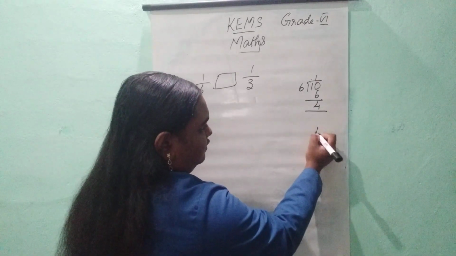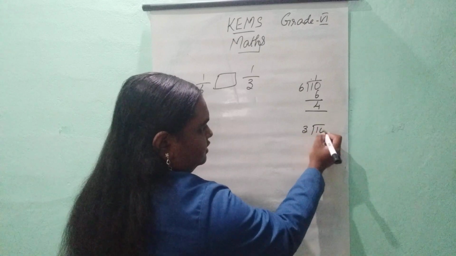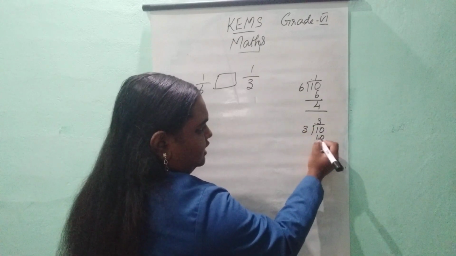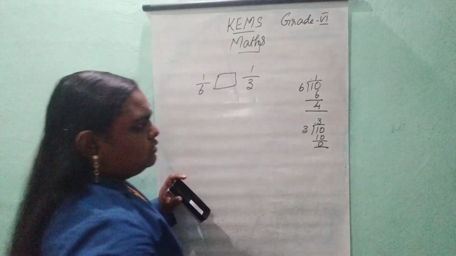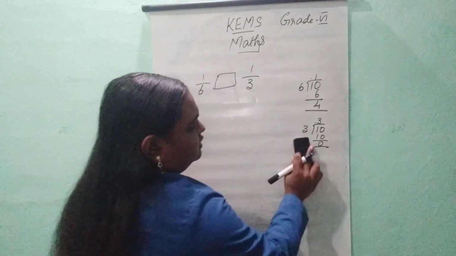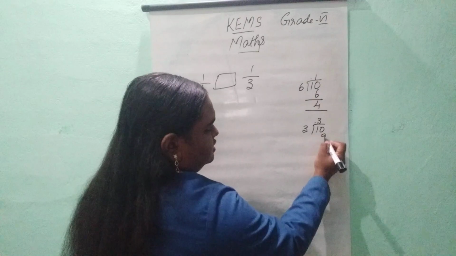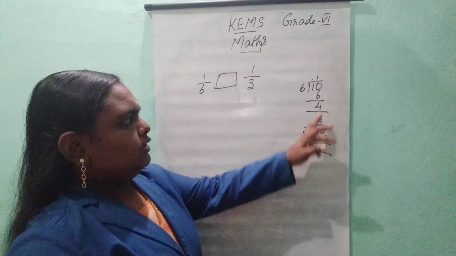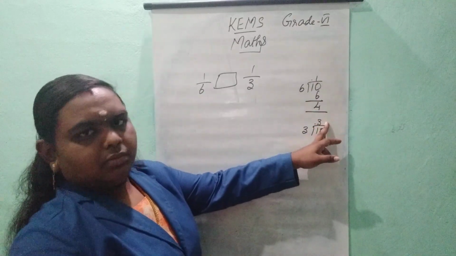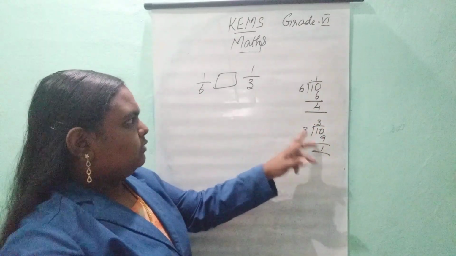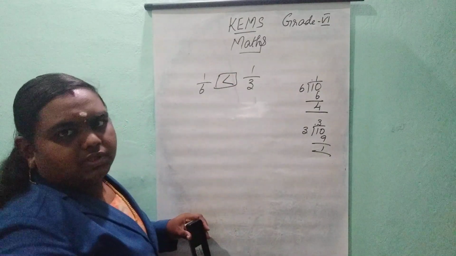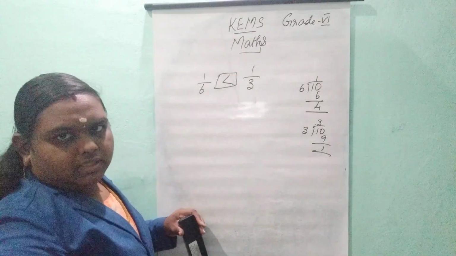If you are having 1 divided by 3, then 3 3s are 9, so 10 minus 9 is equal to 1. So 0.3 and 0.1. So this is the biggest number, isn't it? So 1 by 3 is the biggest number. So this is the symbol for putting greater than.